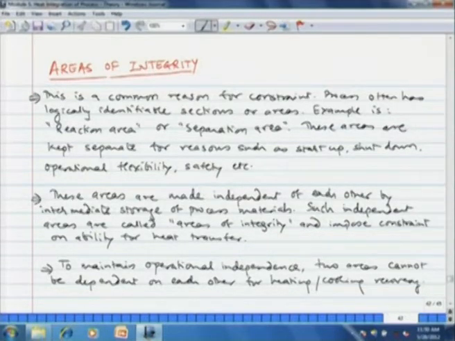Such independent areas are called areas of integrity and impose constraint on ability for heat transfer. To maintain the operational independence, the two areas cannot be dependent on each other for heating and cooling recovery.